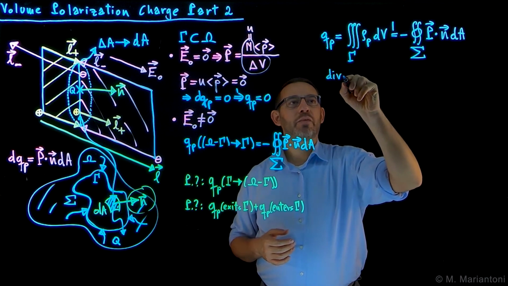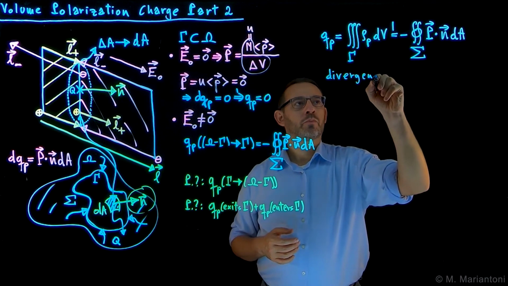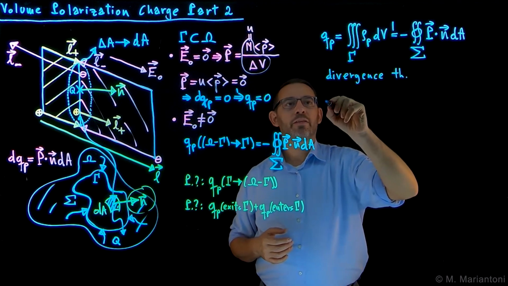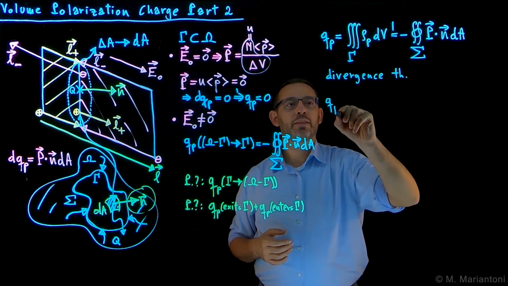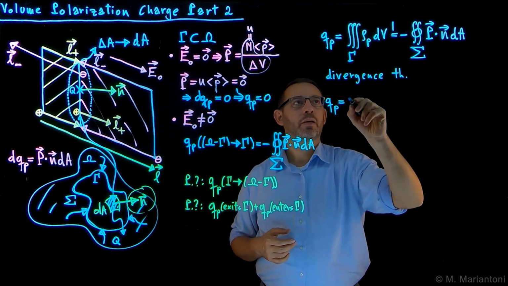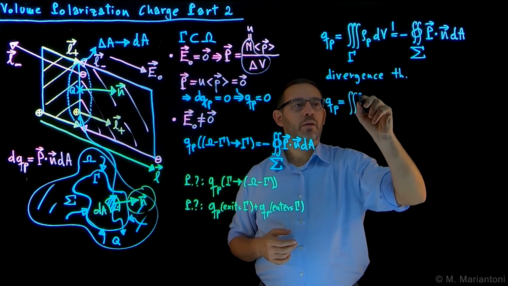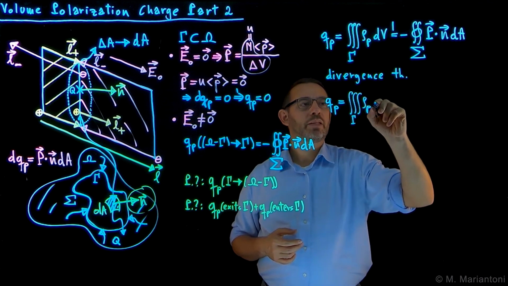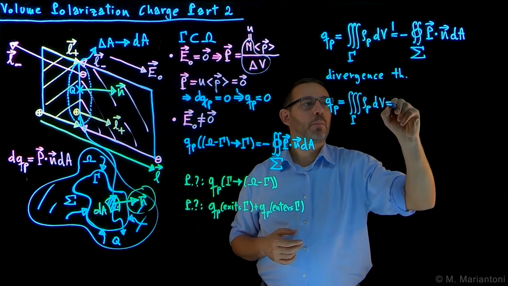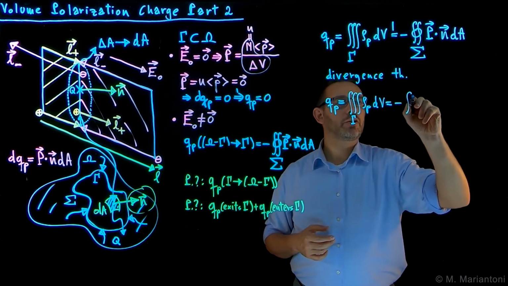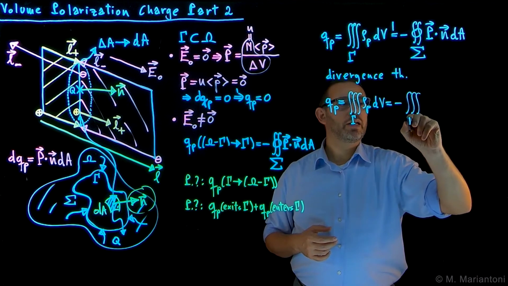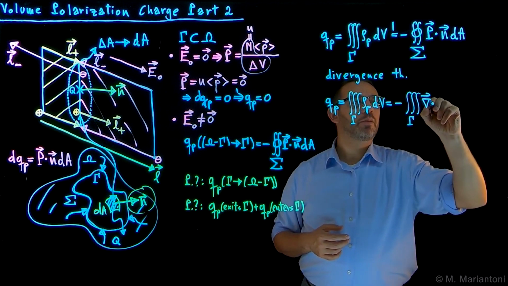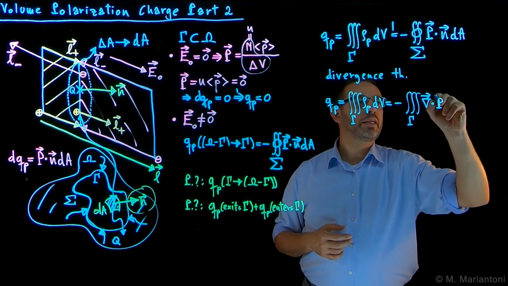So by means of the divergence theorem, we know that eventually Qp, the polarization charge entering the volume, is given by the volume integral on capital Gamma of rho p dV equal minus the volume integral, using the divergence theorem, over capital Gamma of the divergence of P dV.